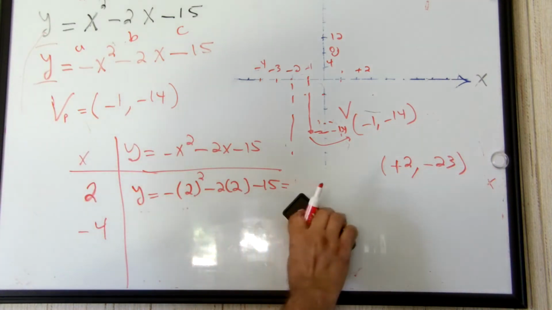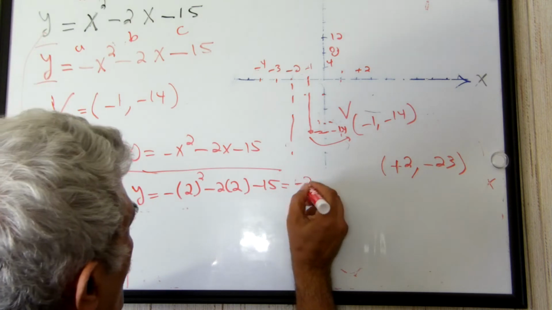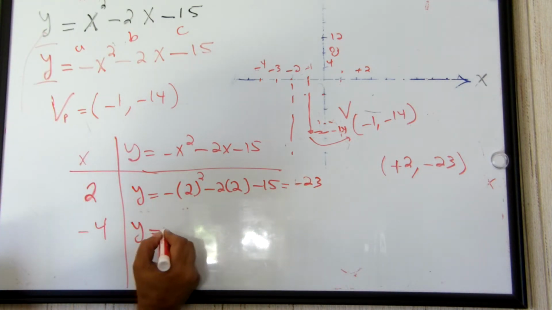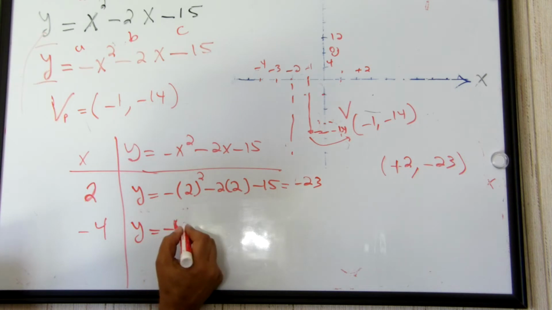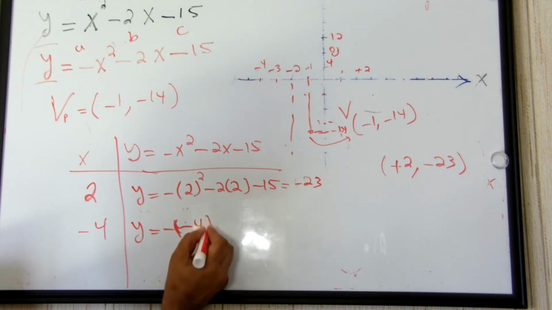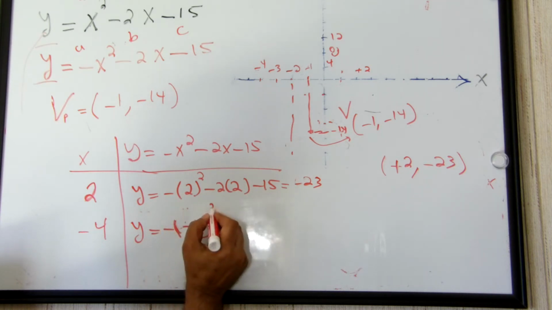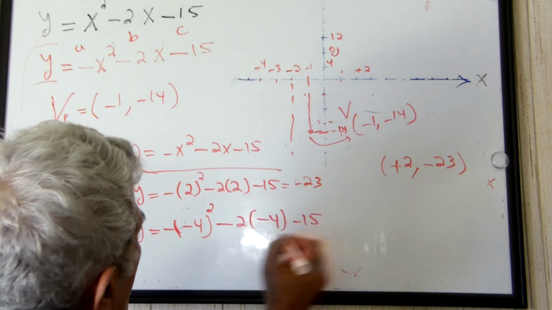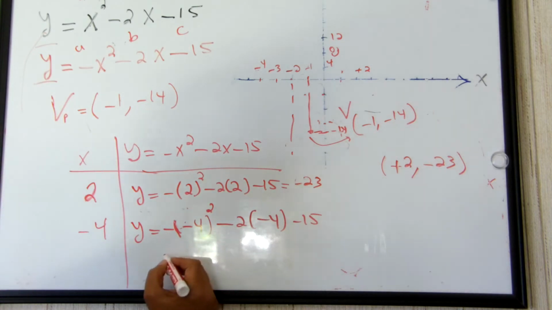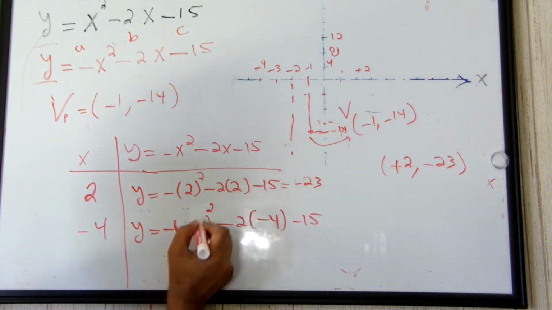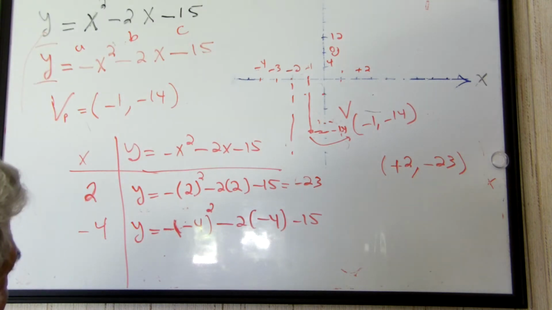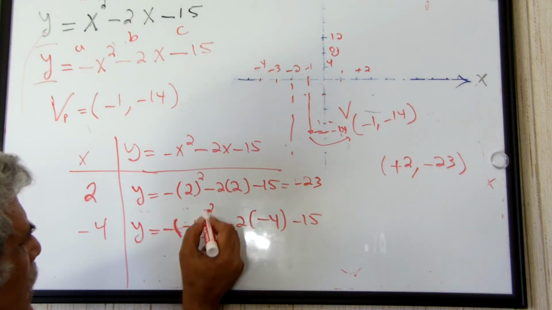Now if we put x equals minus 4 here: minus 4 to the power of 2, minus 2 times minus 4, minus 15. First we get the result of the parentheses, squared, which is 16.